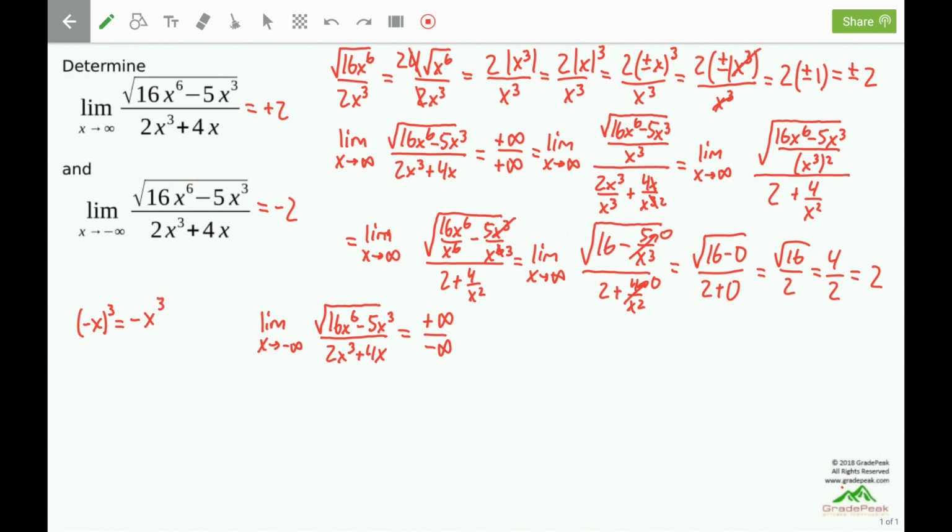So we're going to divide the numerator and denominator by negative x cubed. In the numerator, that will give the square root of 16x to the 6 minus 5x cubed all over negative x cubed. In the denominator, each term will be divided by negative x cubed.